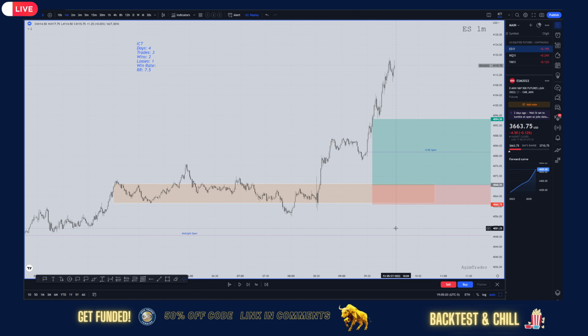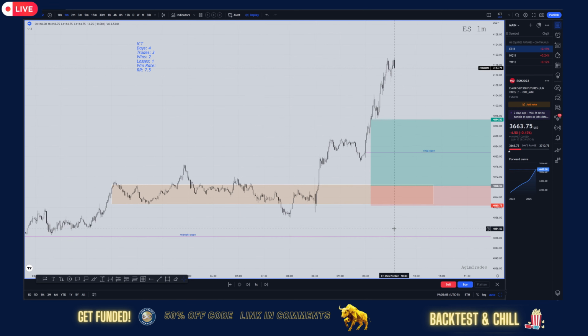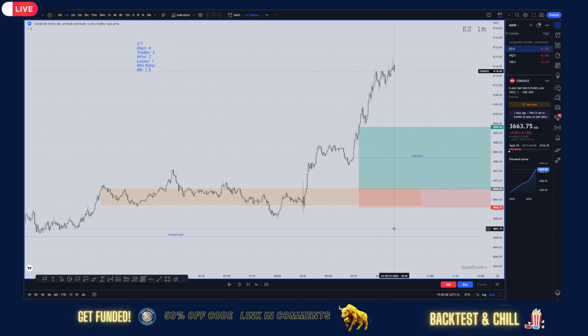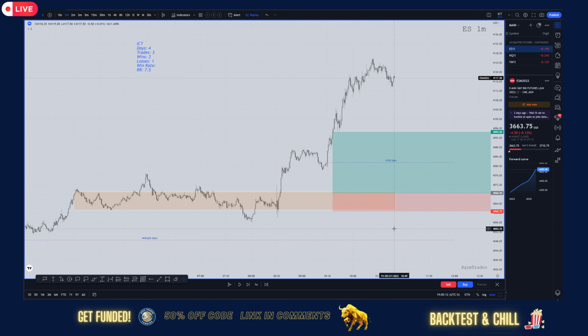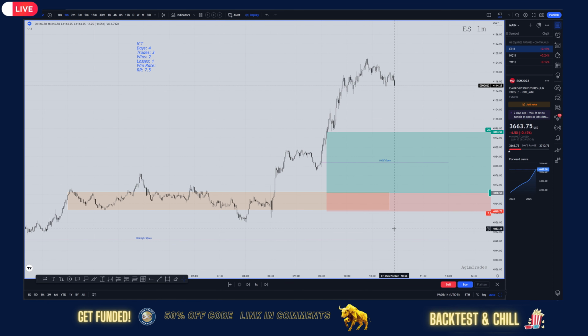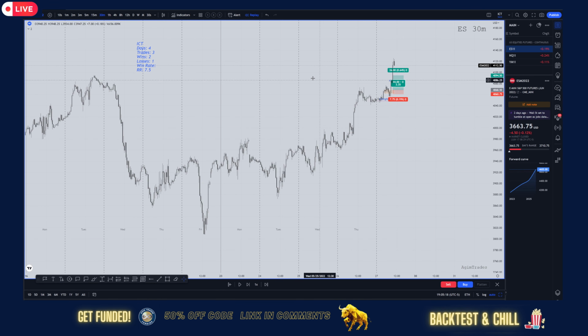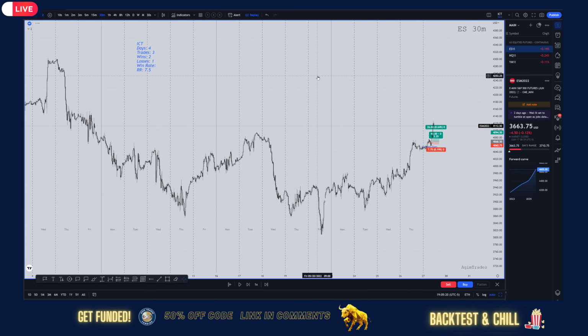So let's see what happens after lunch, because I don't think we've made any move here. Let's look at the 30-minute. We have a lot of relative equal highs here too. I think we'll have a continuation to the upside for these relative equal highs.